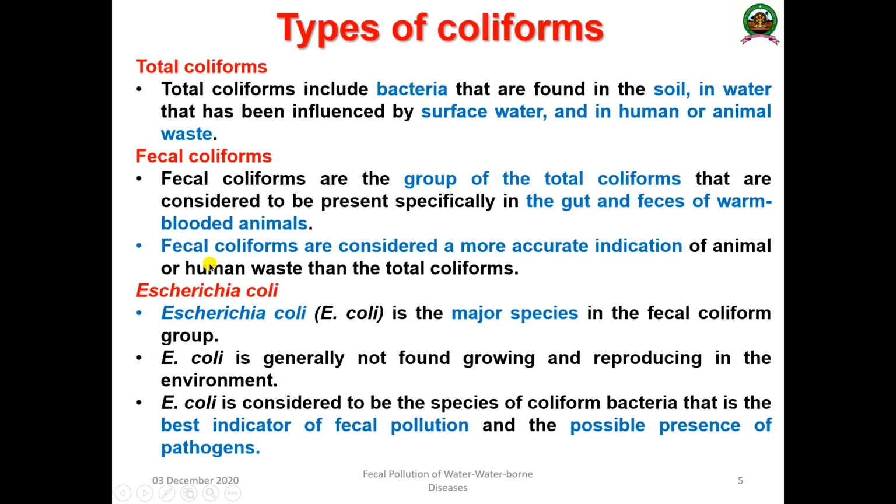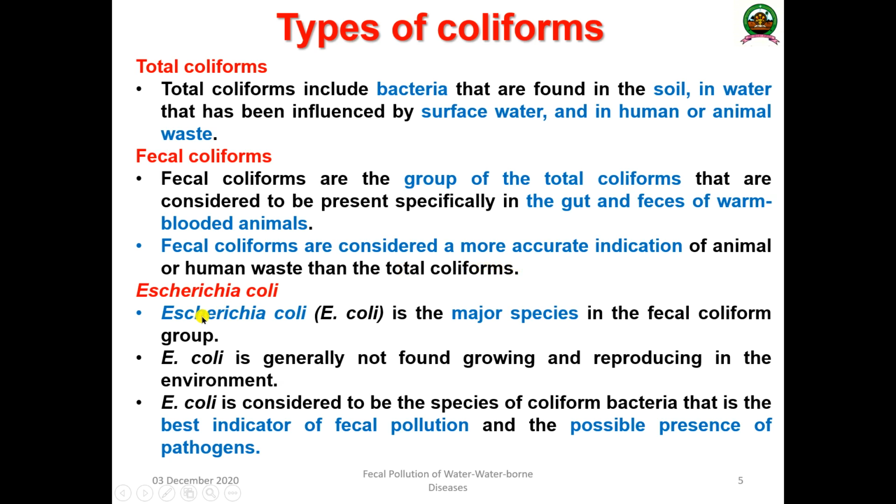These fecal coliforms are considered a more accurate indication of animal or human waste than total coliform. So you should know that the fecal coliform count is the most appropriate indication.